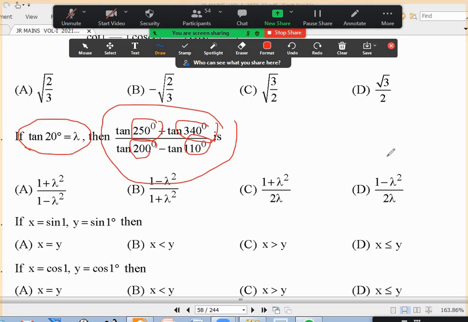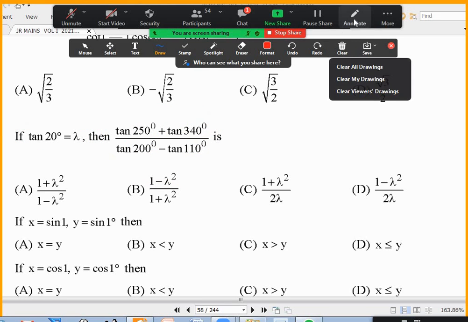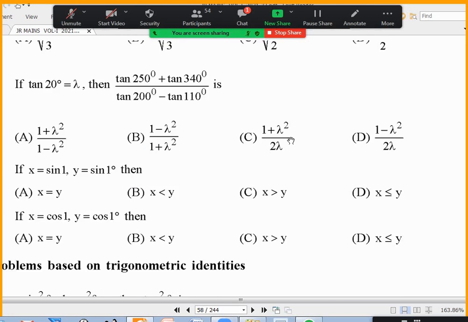Then one answer may come tan 20, another may come minus tan 20, another cot 20, which you write as 1 by tan 20. But you'll be able to write everything as lambda, 1 by lambda or minus 1 by lambda. You'll be able to express in terms of lambda. That is the intention.